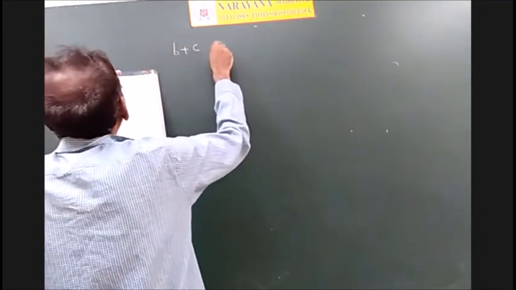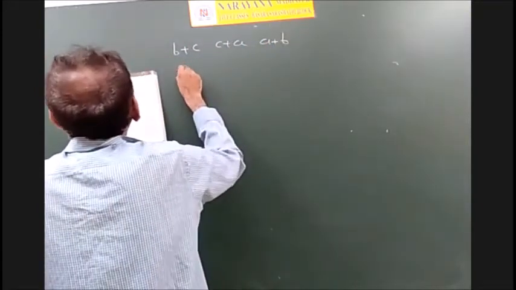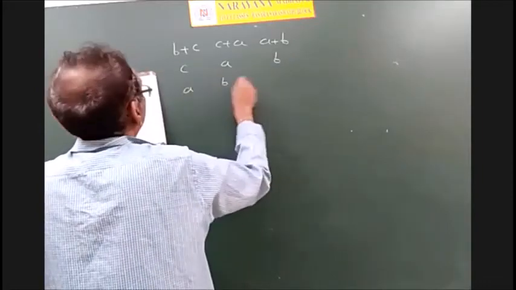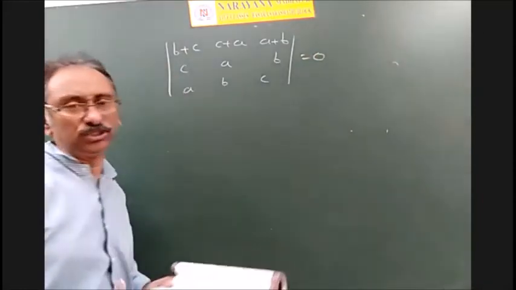And in this page, there is another question, 61. It's not 61, it is 60. Again, non-zero solutions problem. So directly I am writing the determinant. B plus C, C plus A plus B, C, A, B, A, B, C. To get non-zero solutions, this must be equal to 0.